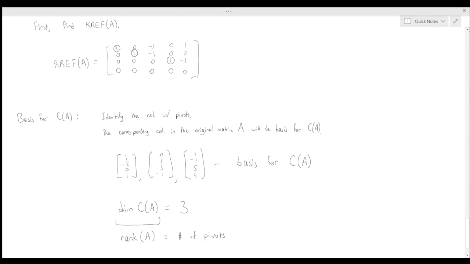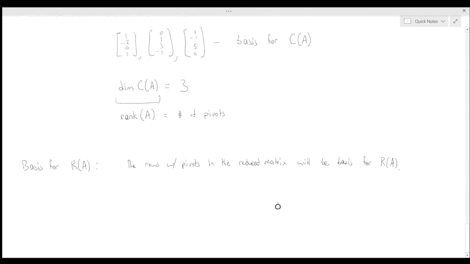So all I'm going to do is take these 3 rows, and if I write them as vectors, then these 3 vectors will give us a basis for the row space.